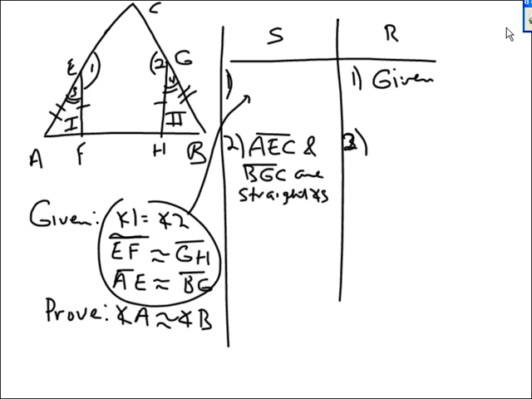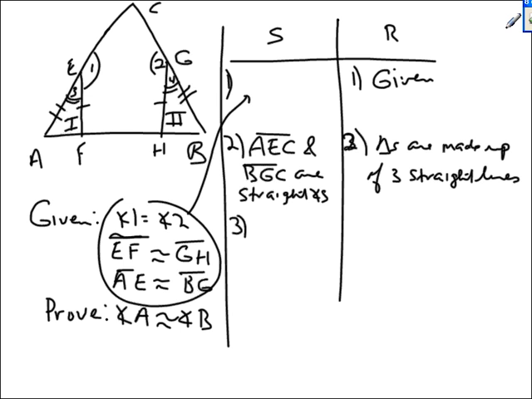And the reason is they're a side of a triangle. Triangles are made up of 3 straight lines. So, straight line is a straight angle.